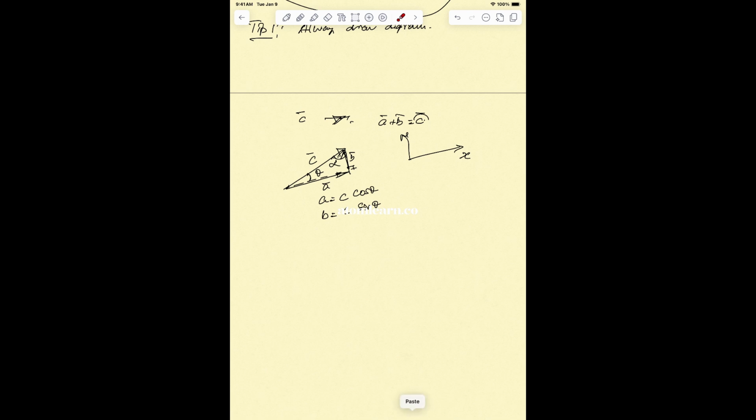Therefore, what I am saying is that the vector C is now resolved into two components which are mutually perpendicular. In most cases you would prefer it to be perpendicular. There is one more thing I can say: theoretically, a vector can be resolved into any number of components.